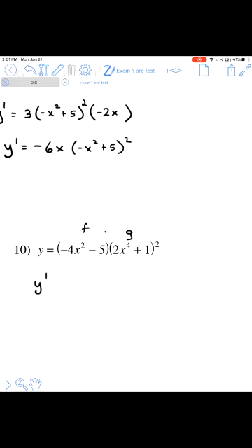So then according to the product rule, we have f prime times g plus g prime times f. So following that pattern, f prime is negative 8x. I'm going to multiply that by g. And then you add that to g prime. This is where the chain rule is going to come in.